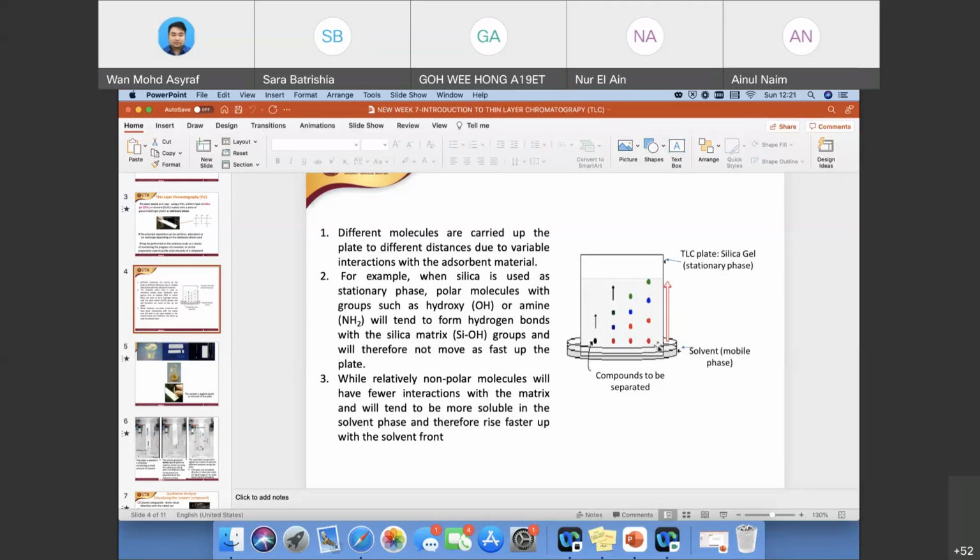So this is how you create your separation based on the interaction of your analyte with the silica gel. There is an explanation here. For example, when silica is used as the stationary phase, polar molecules, for example with a hydroxy group, tend to form hydrogen bonds with the silica. Therefore they will not move as fast up the plate.